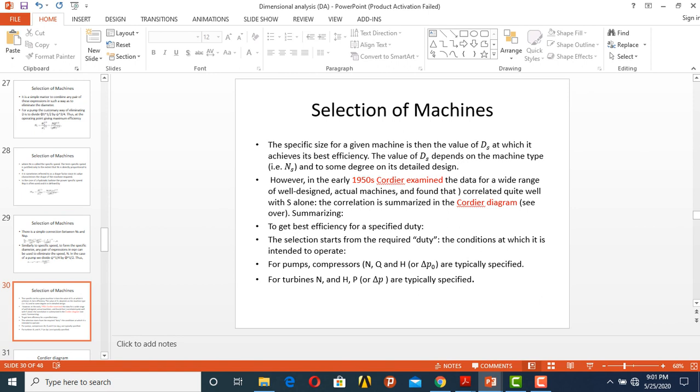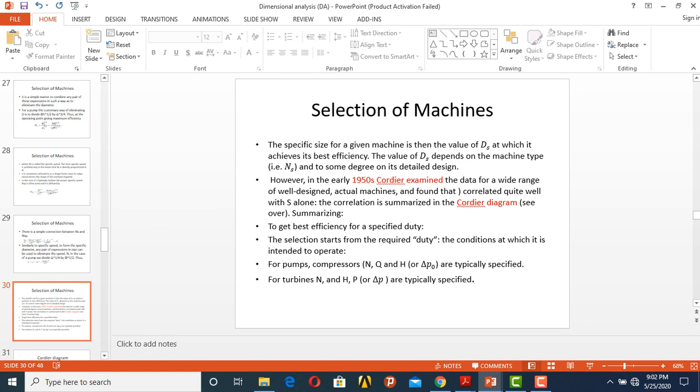So this leads us to the research which was done by Cordier in the 1950s, on how to relate the specific speed to specific diameter.